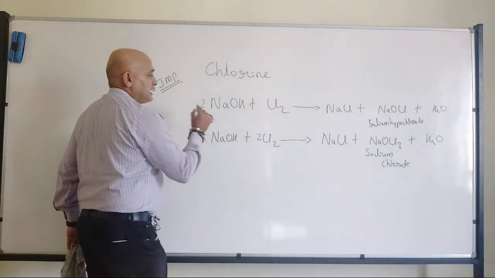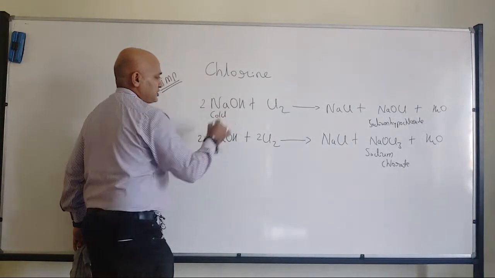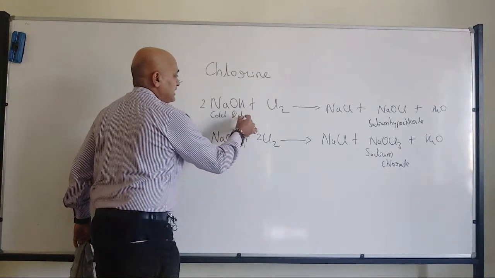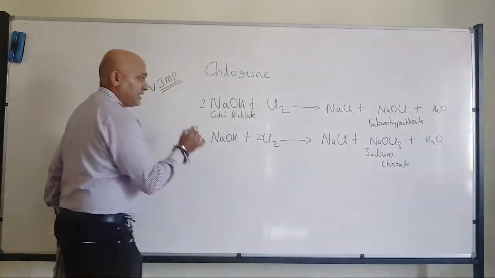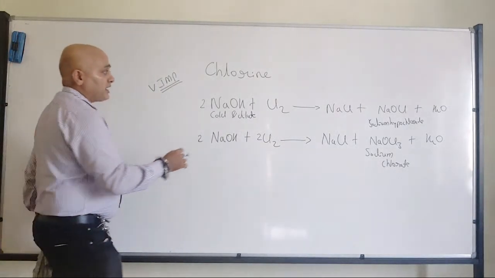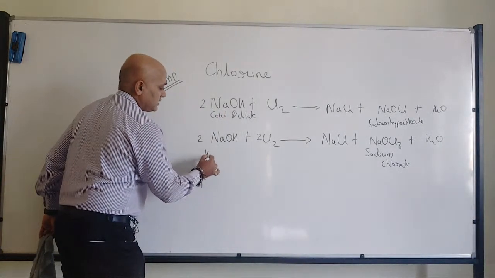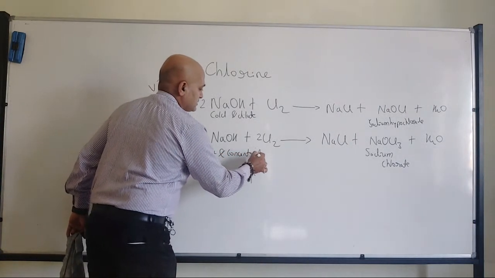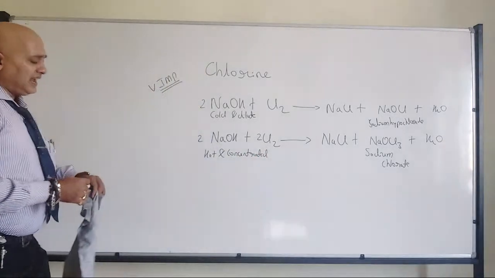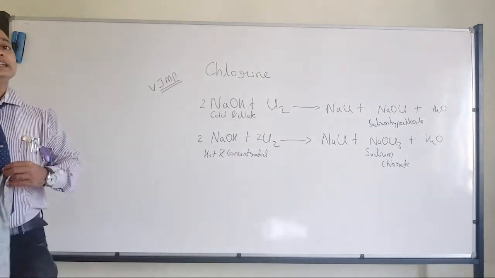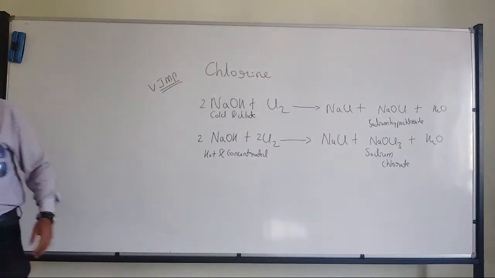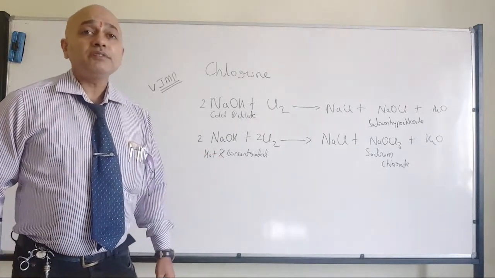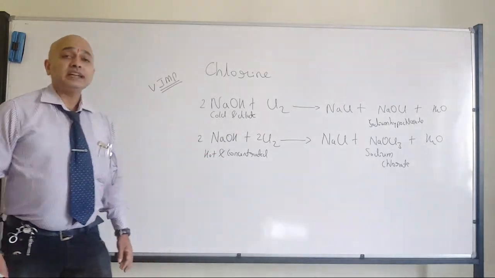Now here it will be under cold condition. Cold and dilute NaOH. Very important reaction. This is hot and concentrated NaOH. Now the question can be, name the product formed or write the reaction for chlorine with respect to hot and concentrated NaOH.